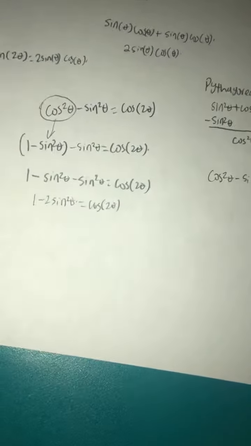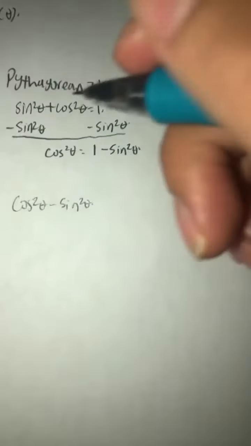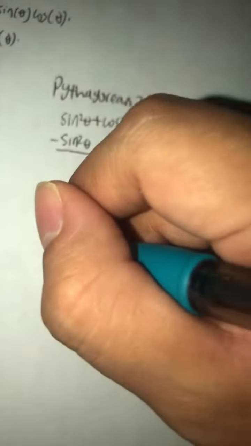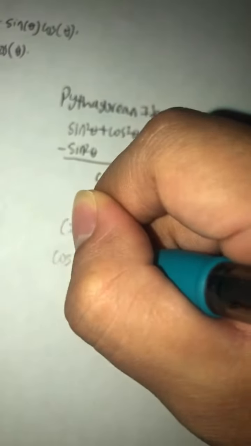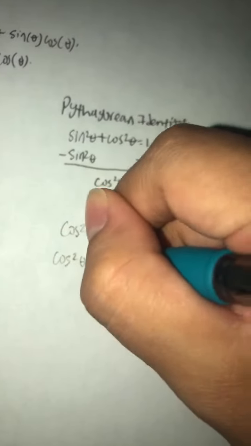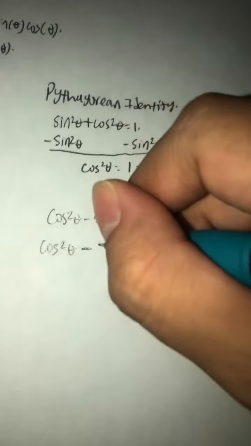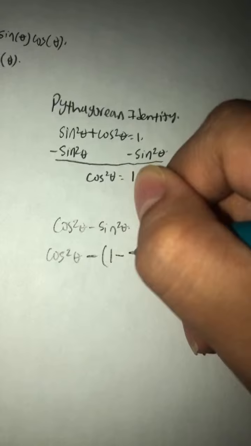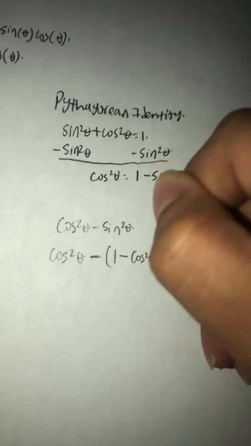So now it's the other way around. Now we can say that this is cosine squared theta minus the quantity 1 minus cosine squared theta.